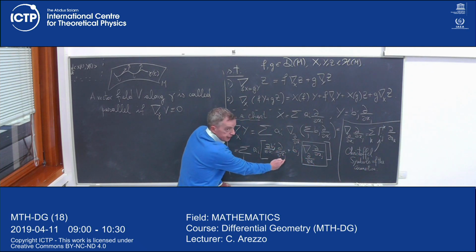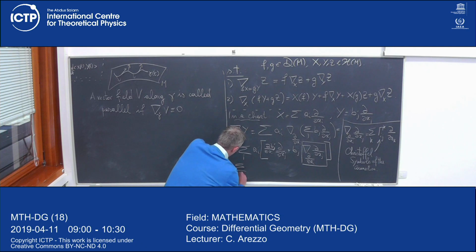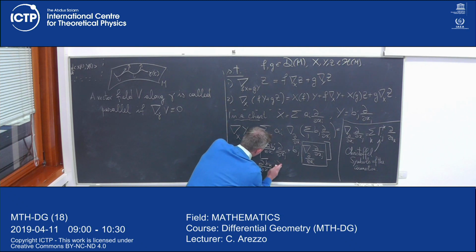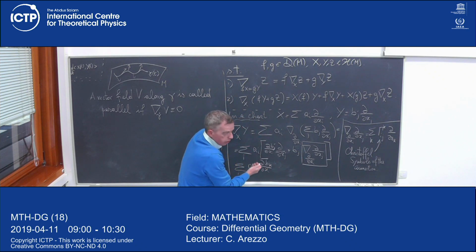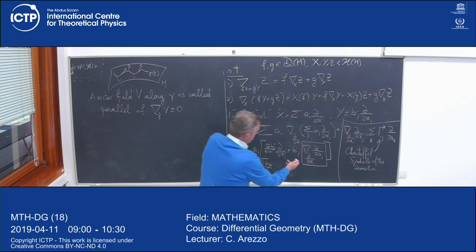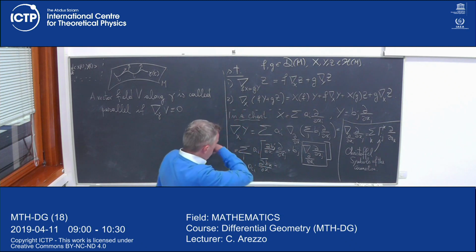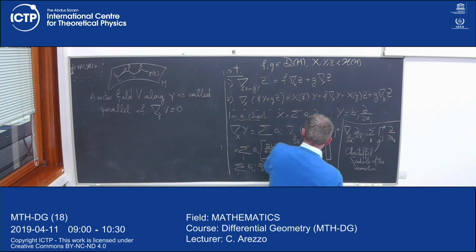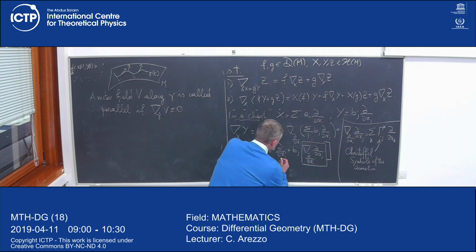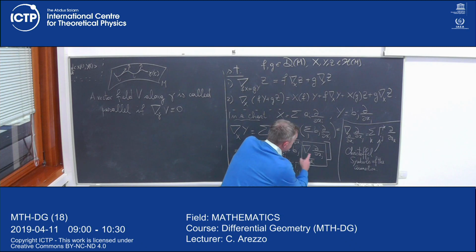It means the sum over i of a^i, d b^k over dx^i, I don't write the d/dx^k because this is the coefficient of the d/dx^k vector, plus the sum over i, j of b^j, a^i, Gamma^k_ij, and that's it.